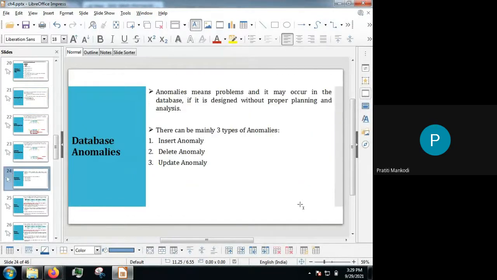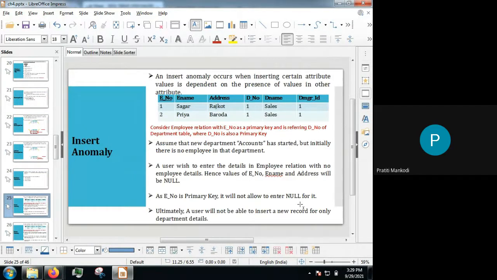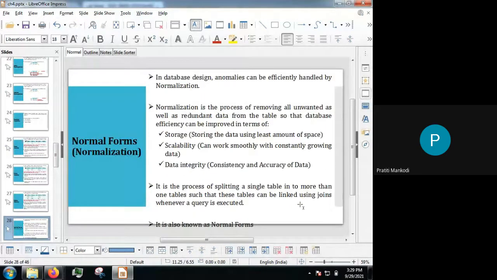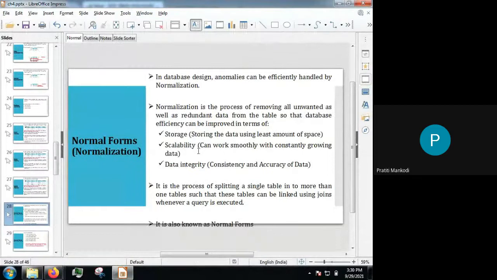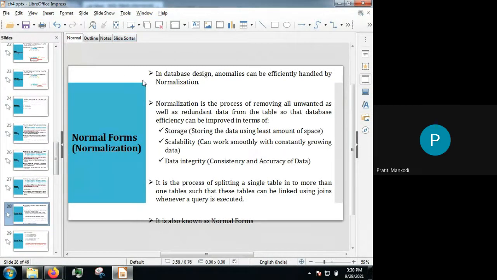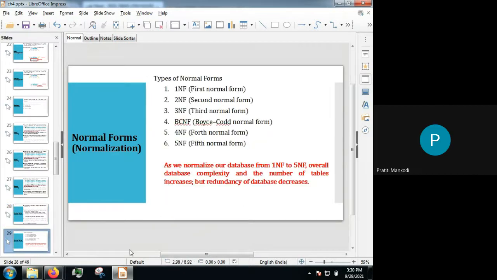I am moving ahead. Anomalies we have already done. You can go through it later on in the PPT. Normal forms. As we have discussed, 1NF, 2NF, BCNF, 4NF, and 5NF. Total 6 NFs.